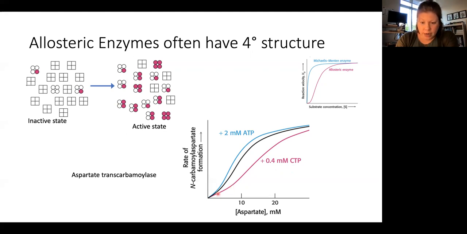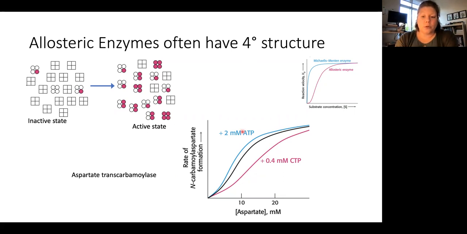And you can see here that this S curve lag is much longer with the CTP. And that's because CTP is going to be stabilizing this inactive state of the enzyme. So it takes a lot more substrate before we have very much enzyme converting over to the active state, where we can start to see a real ramp up in reaction rate.